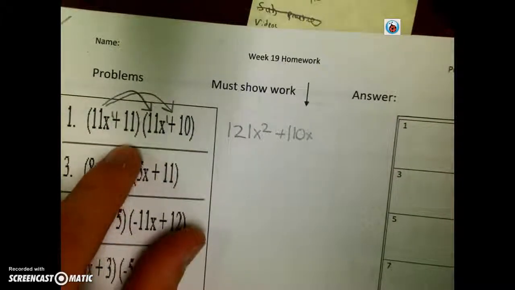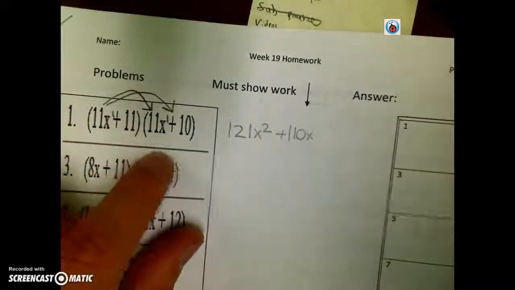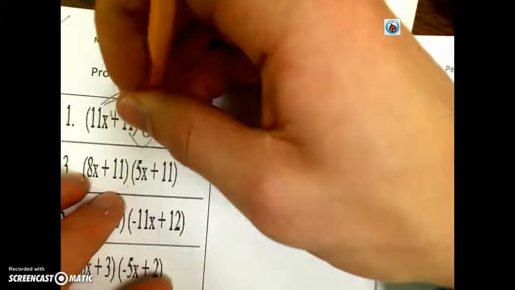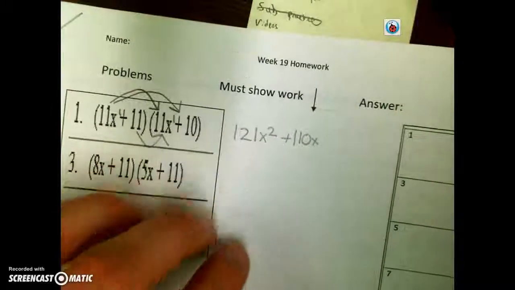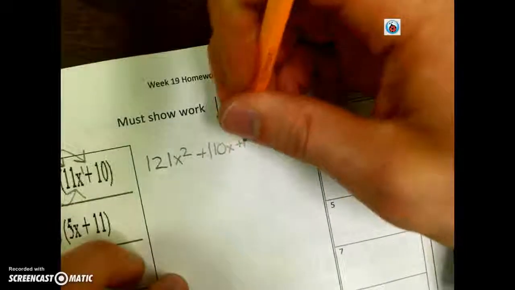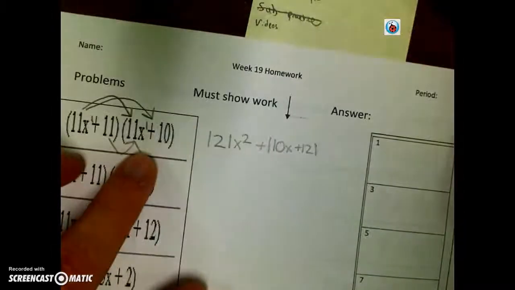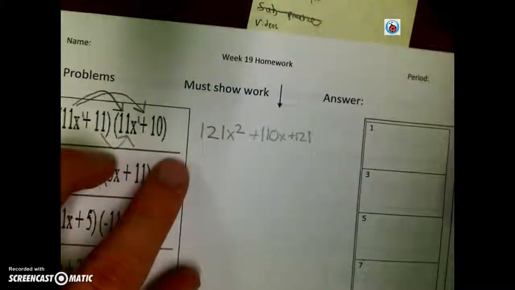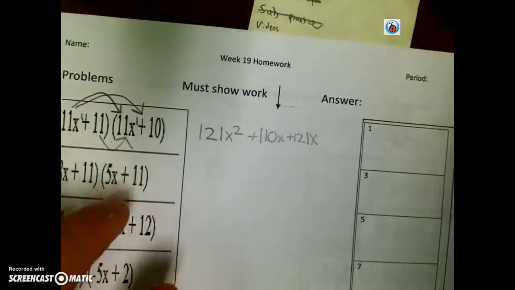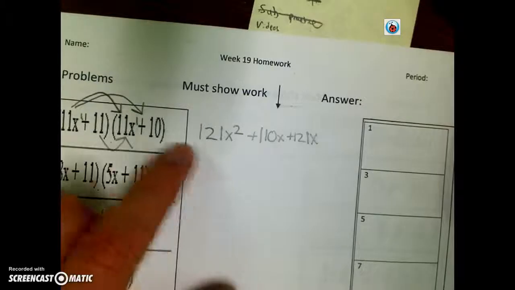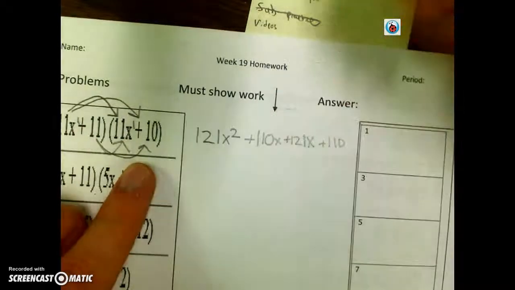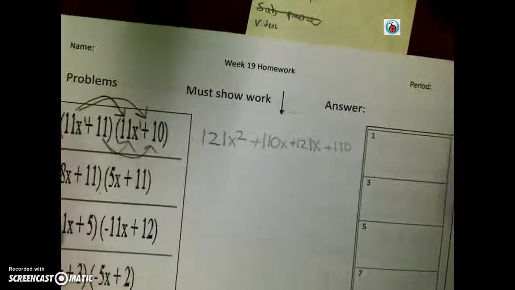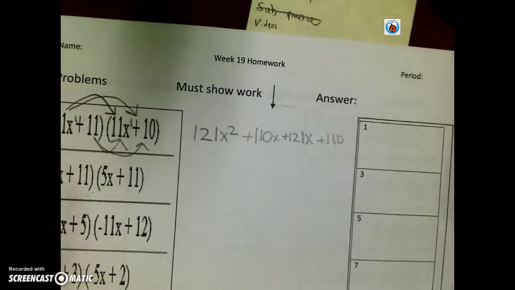So 11 times the 11x, well, 121x, and there's 1x, that's all I have. I have an x there. And then we need to multiply. These are the four terms that we will be getting here.